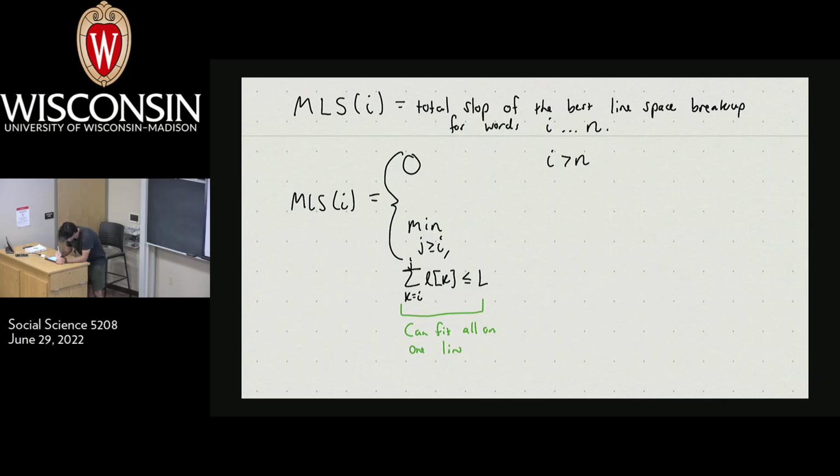Of course, if we can't fit them all in one line, then it doesn't really matter how much white space there is. Technically, we also need to add in j minus i, because this is the number of white spaces we'll put on the line between each word.